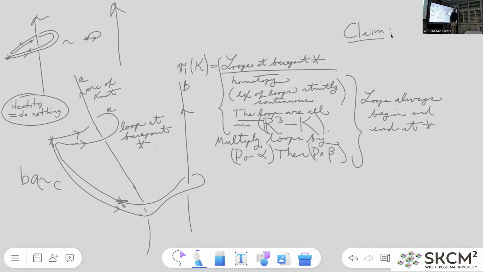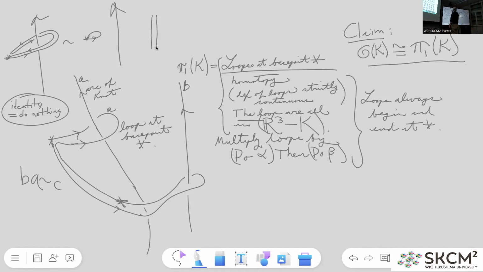that the group of the knot that I described to you today is isomorphic to the fundamental group. And the basic point about that is as follows. If you have two parallel lines and you run a loop around two of them, you have to understand what element in the group that's going to be.